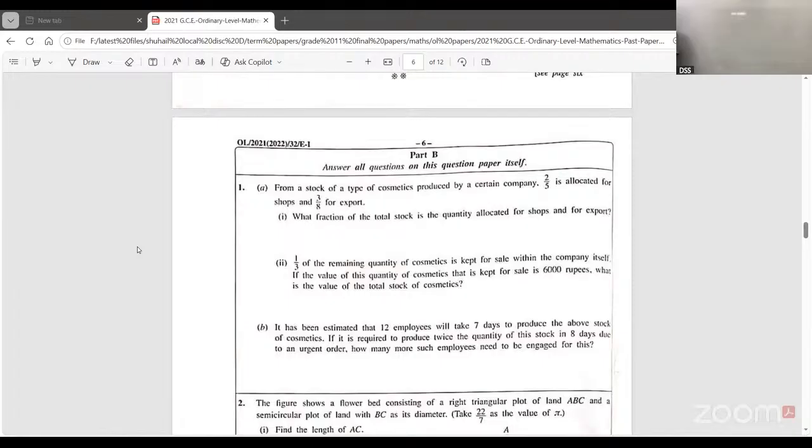No, there is a book. You can do it in the paper itself. Try.